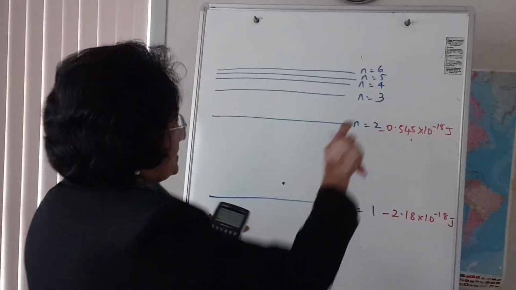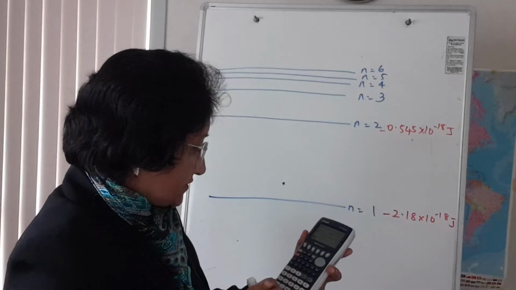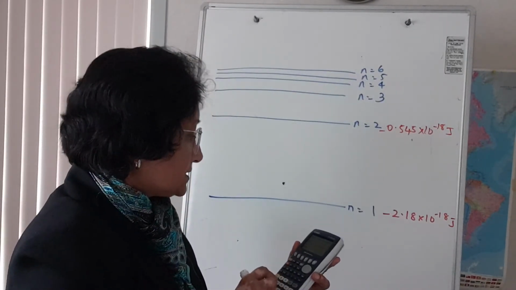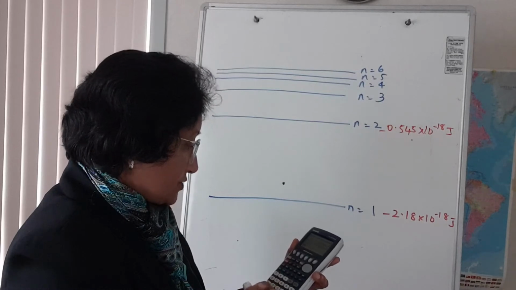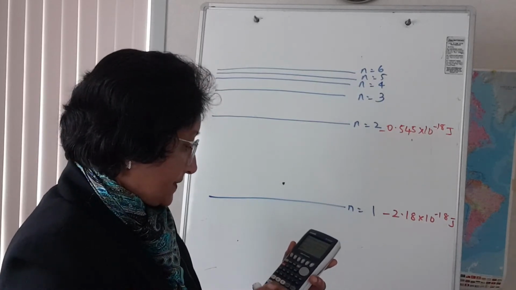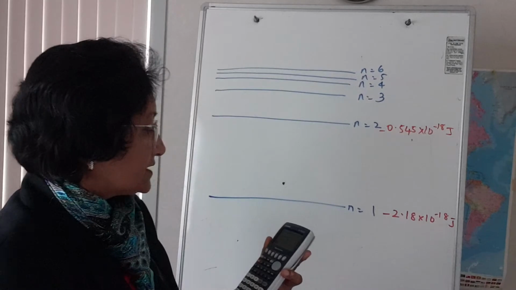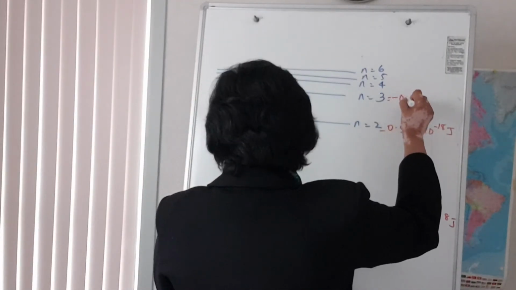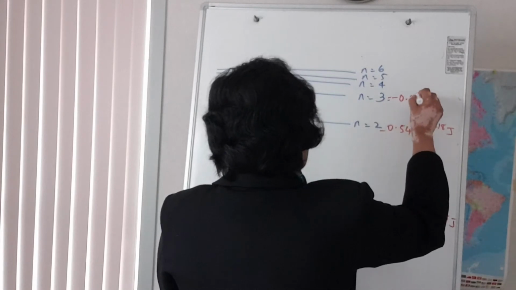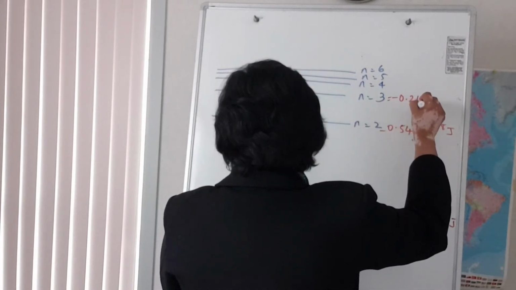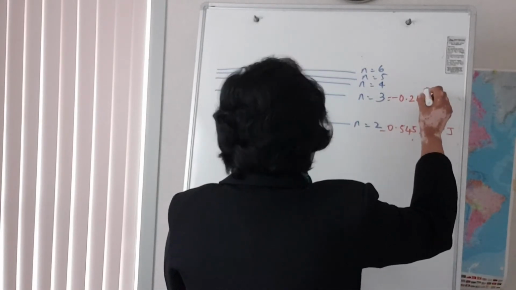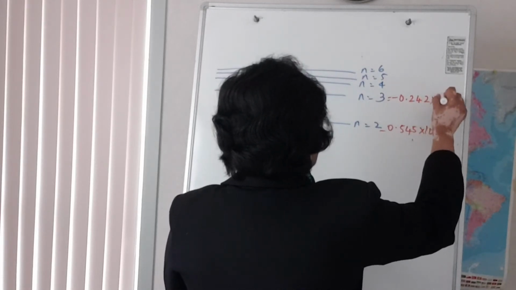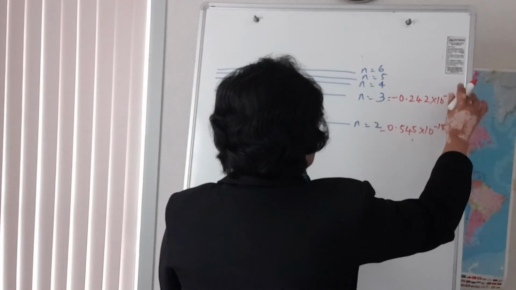And then in order to get the energy of energy level 3, I just go 2.18 times 10 to the power of negative 18 divided by 9, because 3 squared is 9, and I get negative 0.242 times 10 to the power of negative 18 joules.